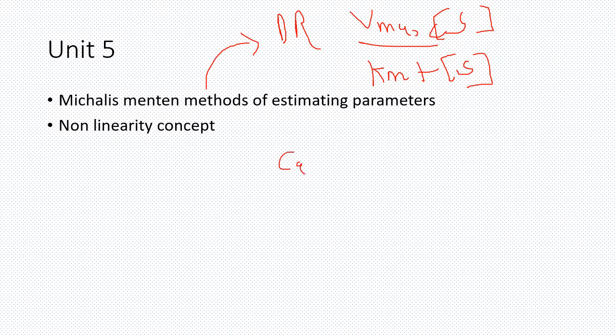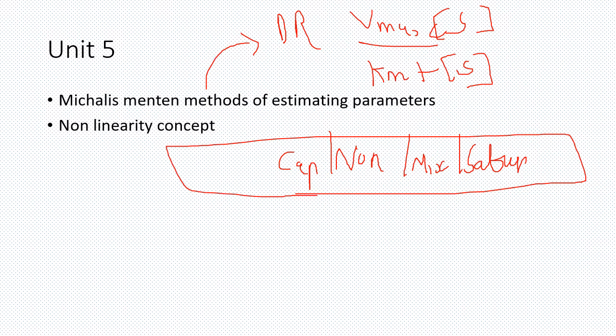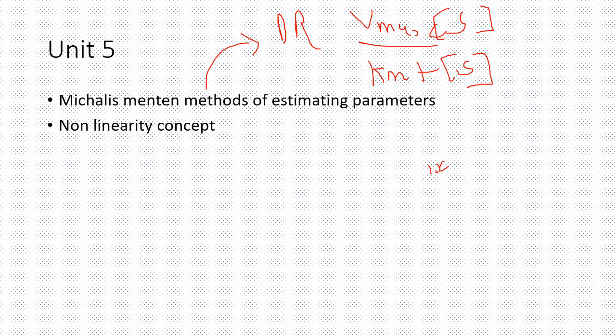Just remember that capacity limited, non-linear, mixed order, saturation, these are all terms for the same non-linear kinetics. So they could be asked as either capacity limited, non-linear, mixed order or saturation. Just remember this is what the non-linearity concept is based on. There are various parameters that are used for the Michaelis-Menten method. You have to remember those tests.